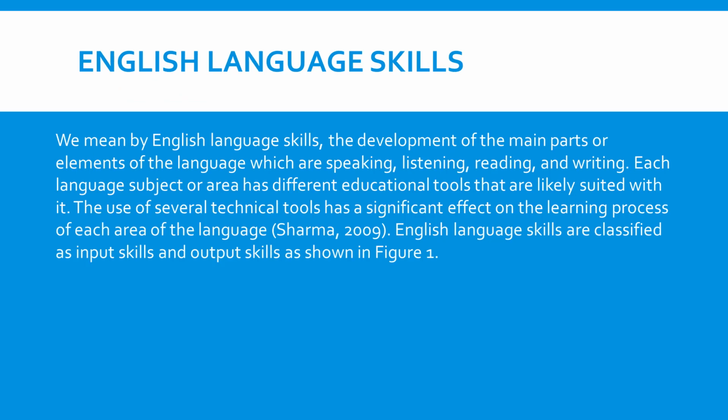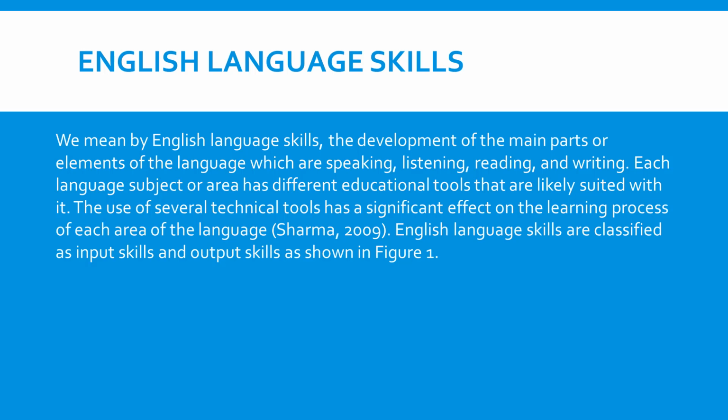So now, after we introduced some historical background about this presentation, we can move to the skills of English language that each student should learn to acquire the second language. We mean by English language skills the development of the main parts or elements of the language which are speaking, listening, reading, and writing.